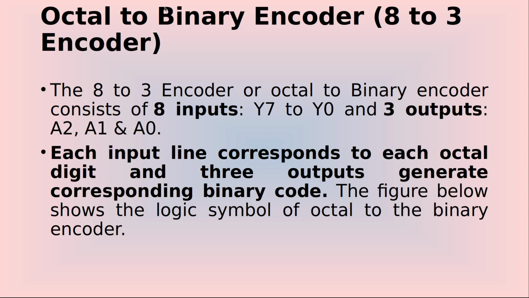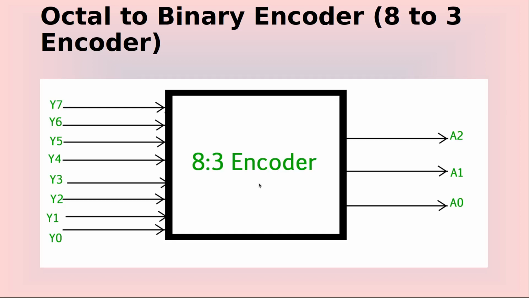There are 8 numbers, so the octal to binary encoder consists of 8 inputs. The inputs start from y0 to y7, the same as the octal numbers. The 3 outputs: if you convert an octal number to a binary number, a 3 digit binary number appears, so 3 outputs are represented. Here are the 8 inputs and 3 outputs, a0, a1 and a2.